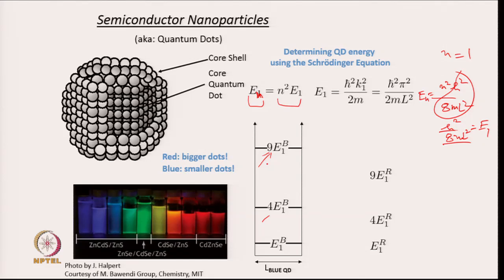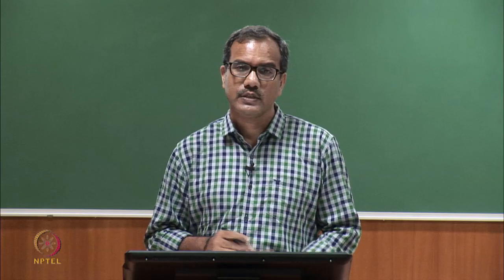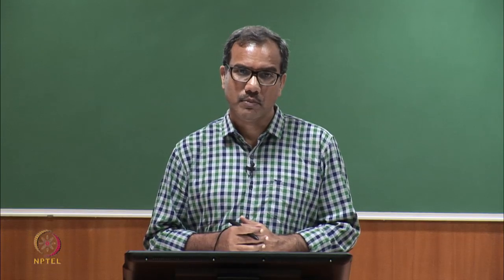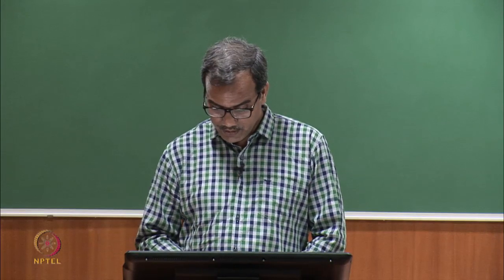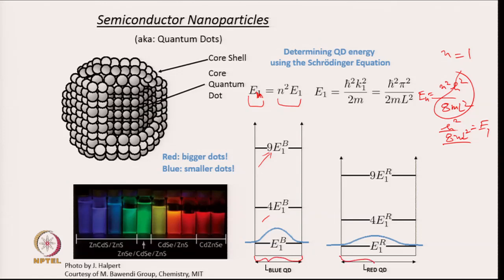Now, let us look at what will happen if I increase the size of the quantum dot. When I increase the size, you see here I am going from this size to this size. Certainly this size is larger. If you remember, E1 is equal to h square by 8 m L square, and since L is large, E1 in this case is going to be small compared to E1 in this case.